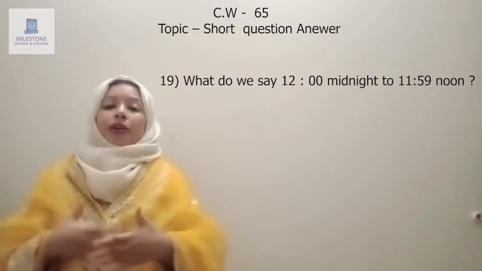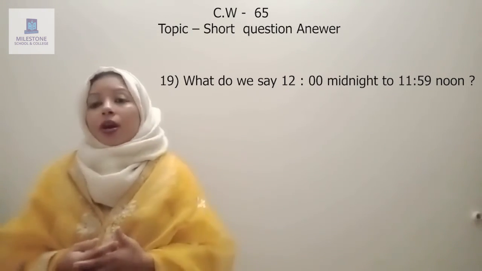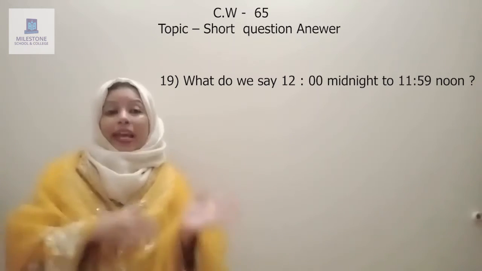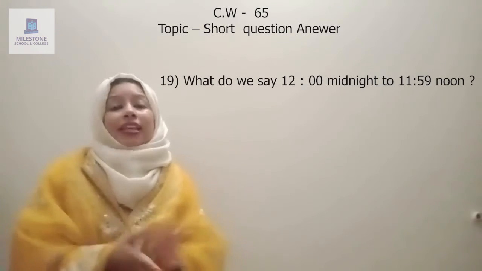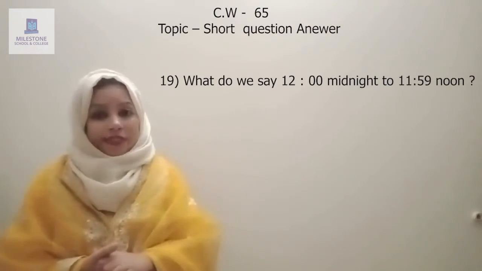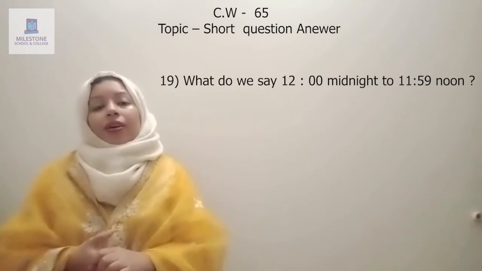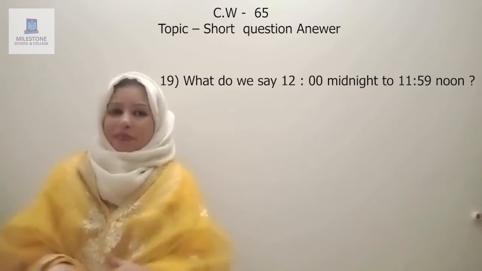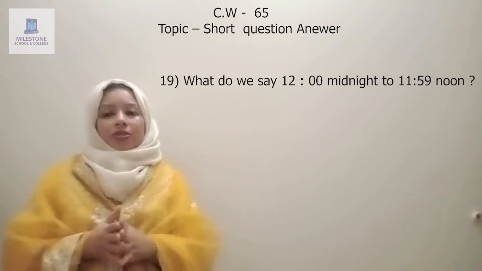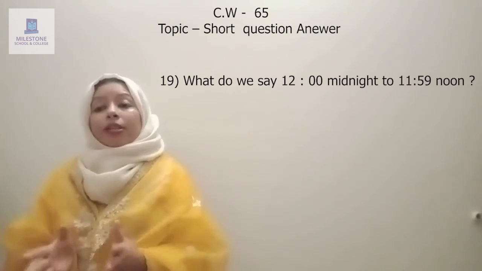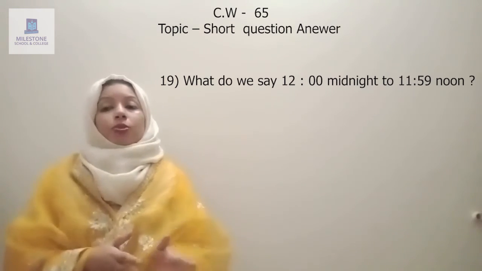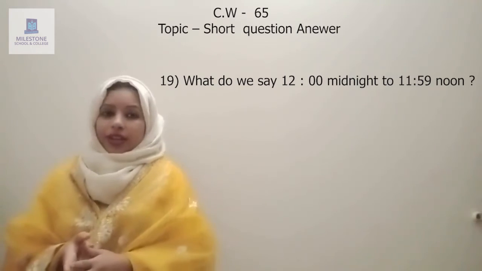Students, whenever we say the time, always we use the word AM or PM. So today we learn what AM means, the elaborate form of AM, and elaborate form of PM also. But the first question is for you from question number 19. What do you say 12 midnight to 11:59 noon?